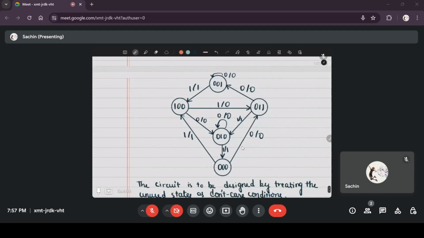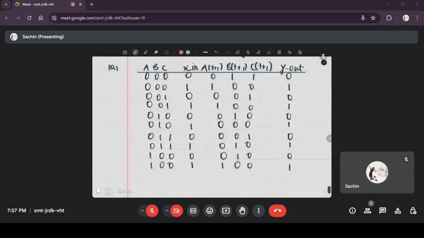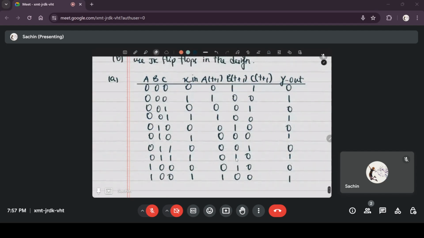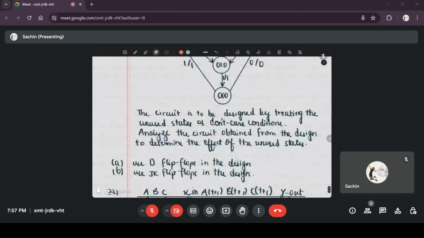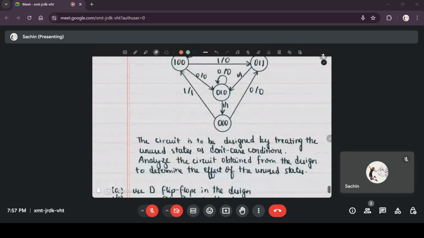Actually, that's not correct. Let me check. Okay, the diagram is correct. That means that from 100, if you give a 1, you go to 011. Let me check all the states first. From 000 you go to 011 or 100. From 001 you stay in 001 or go to 100.